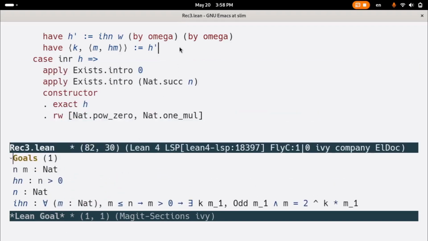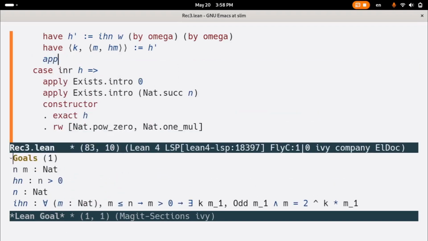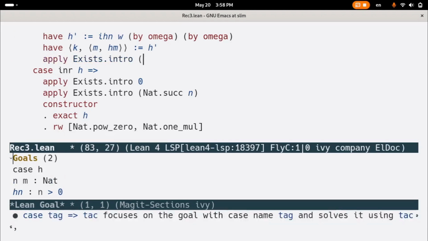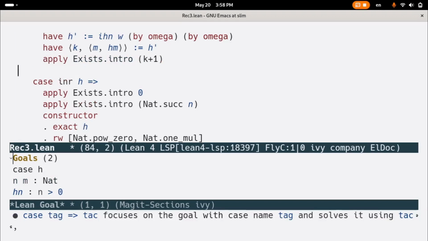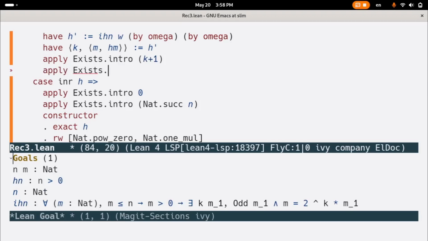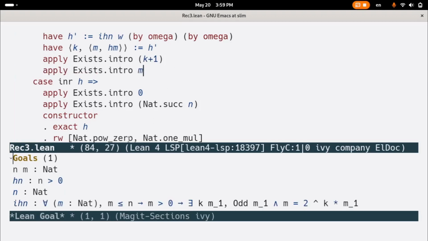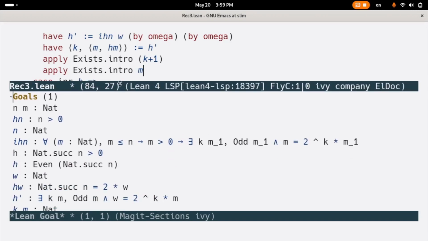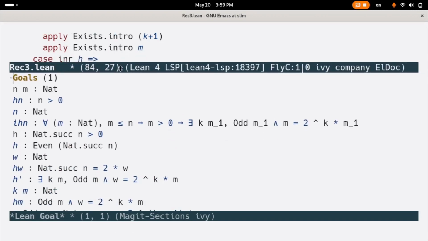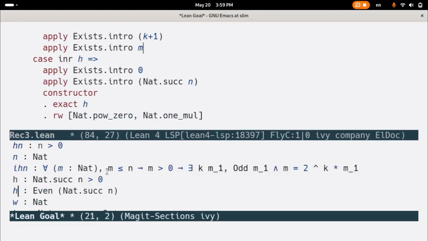We are now ready to make progress on the goal. So we substitute K plus 1 for the K in the goal, and we substitute M for the M in the goal. So the goal does not have any there exists quantifier now.